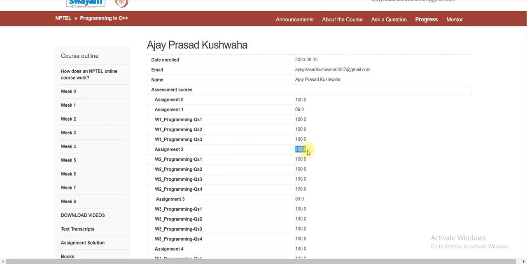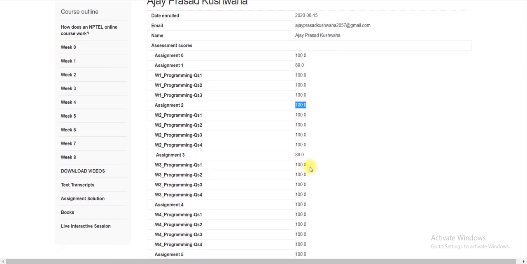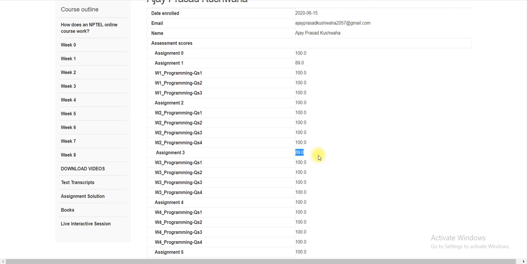So 100 by 2, because here it is programming plus quiz assignment, is 50. So for week 2 your score is going to be 50%. That way NPTEL will calculate. Let us assume in week 3 you have not done the quiz, but you have done all the programming bits.